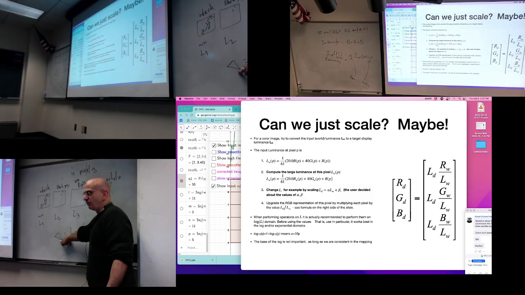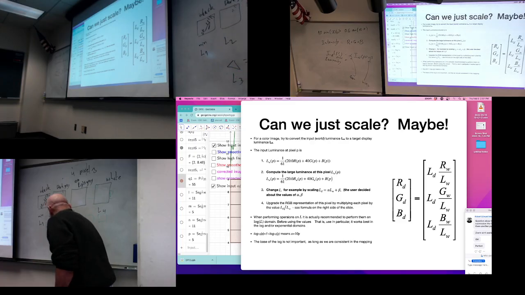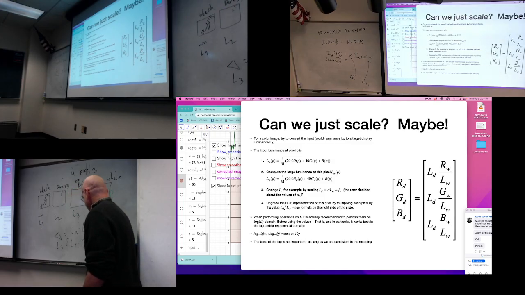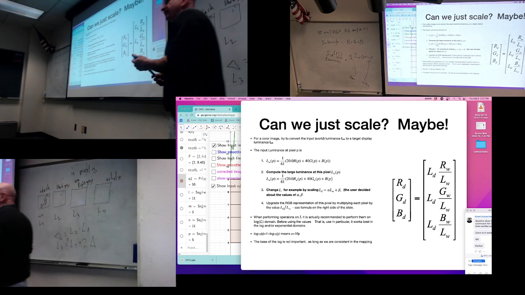And since they are uniformly spread, L3 would be equal to L1 plus 2 delta, adding it 2 times, and then L4 will be L1 plus 3 times delta. It makes sense that it will change linearly, except that's not how our vision works.